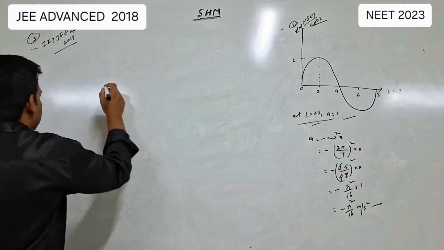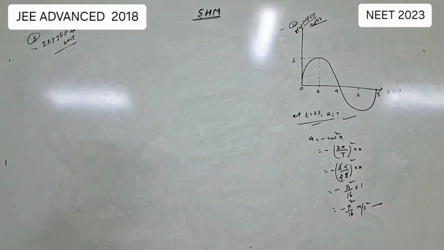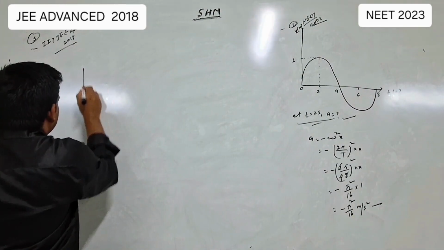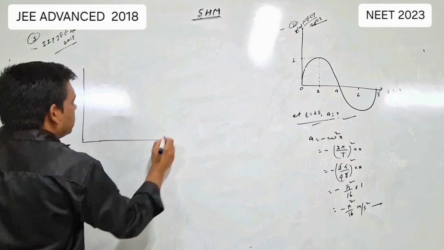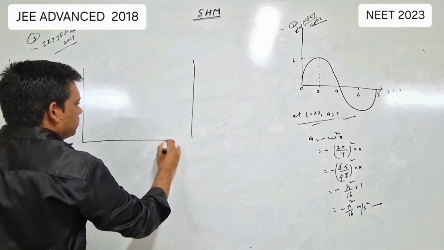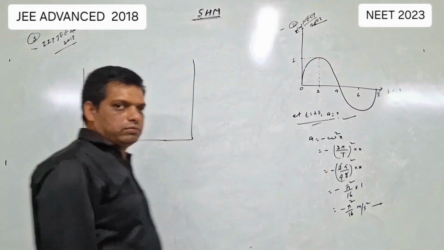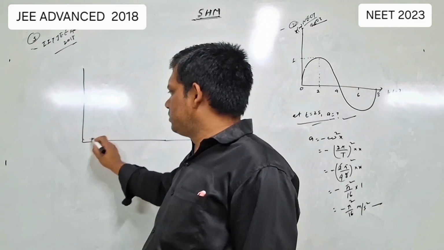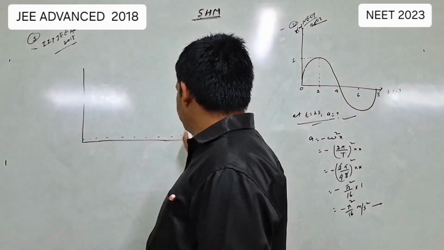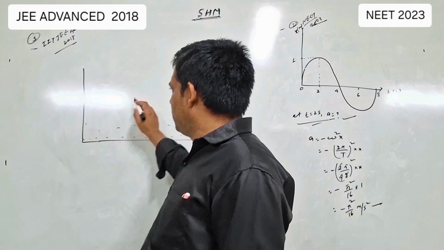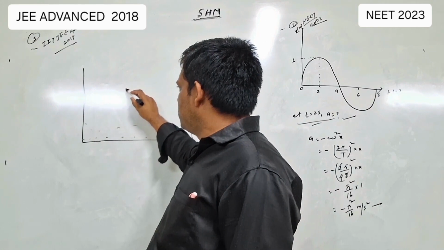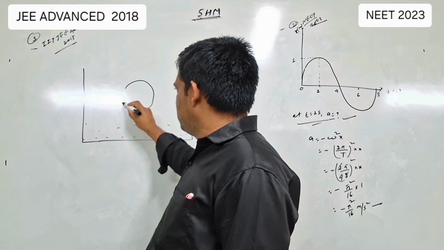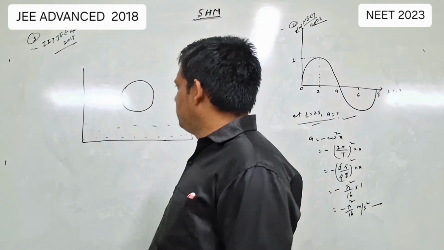This is the third question. In this question, it is said that there is a container or bucket, you can say, and there is a liquid in this container, and a spherical ball is dipped here.